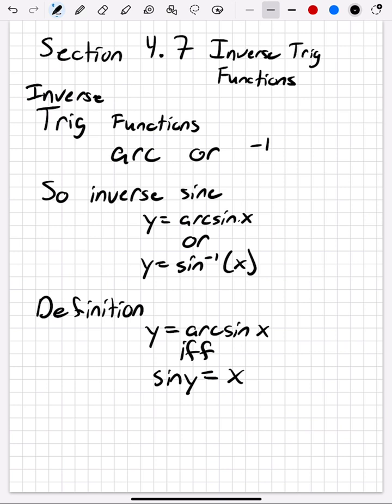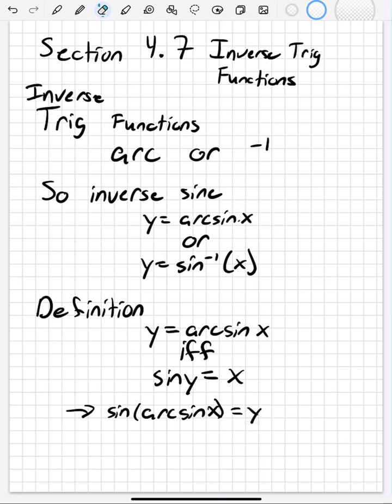So let's do the forward direction of this. Let's say that the arc sine of x is equal to y. Then if I take the sine of both sides, and I'm going to have to be careful here with my notation, sine and arc sine are inverses, so therefore they quote unquote cancel, right?